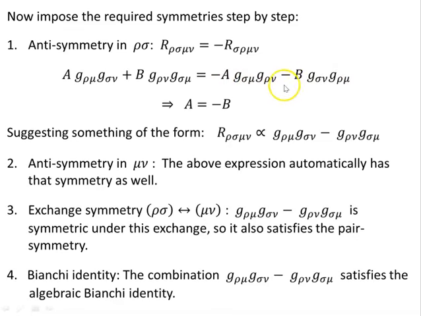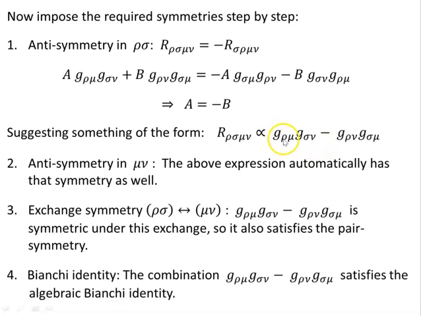Okay, and we notice then that this left-hand side is equal to this if we set A equal to minus B. So that would be A, and this would be minus B. So that's suggesting something of the form, this here is proportional to this. Okay, that's what it's suggesting there. You'll notice these indices will match up with the Bianchi identity there, allowing for symmetries within them.